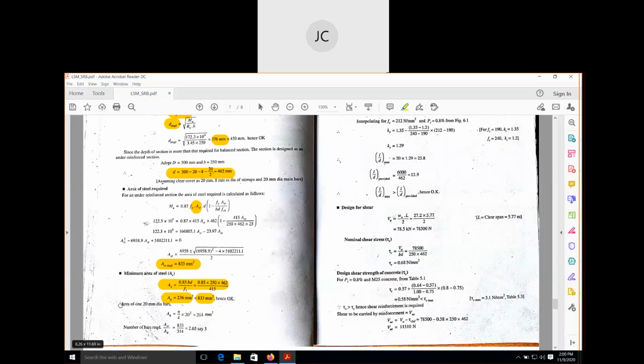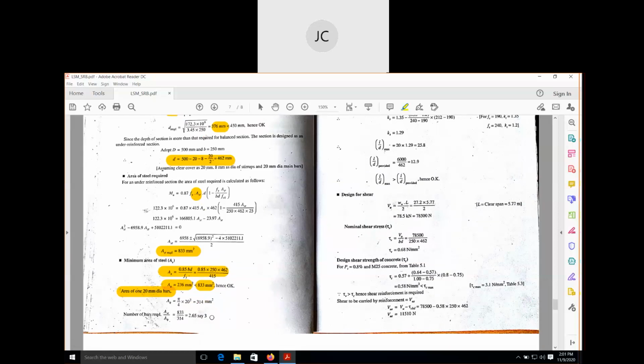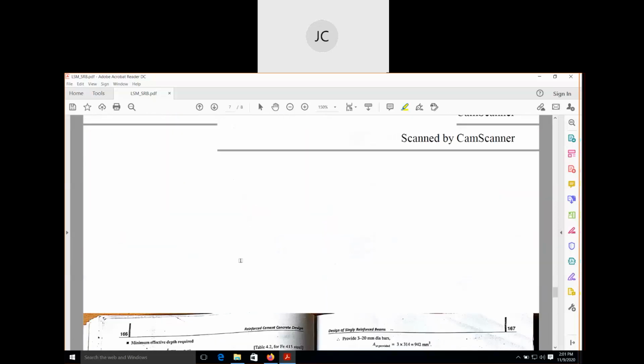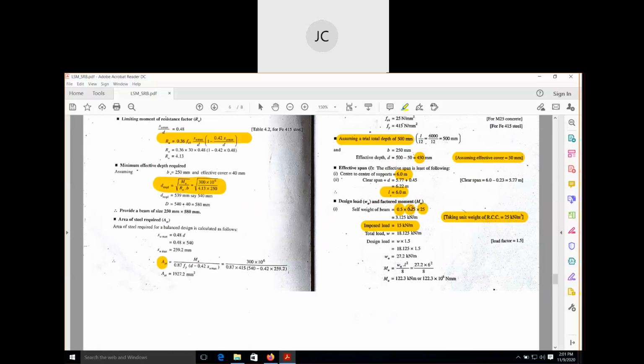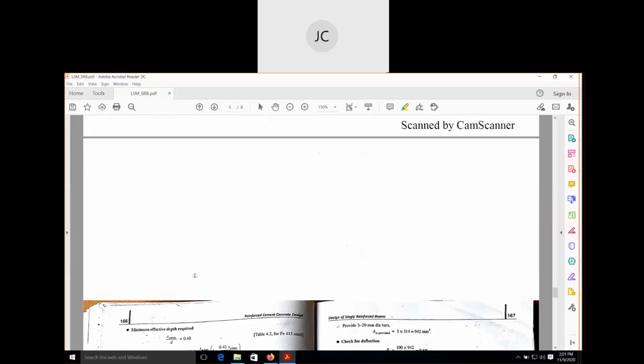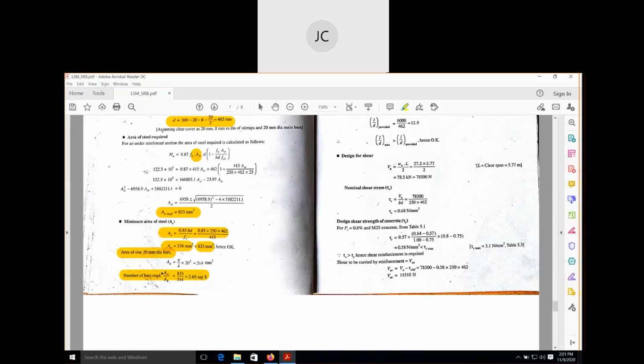Therefore, if we choose the diameter of bar as 20 millimeter, then the number of bars we get is 3. Therefore, we require 3 numbers of 20 millimeter bars. Till this portion we have solved in the previous part: we calculated the self weight, then design moment, then the number of bars.